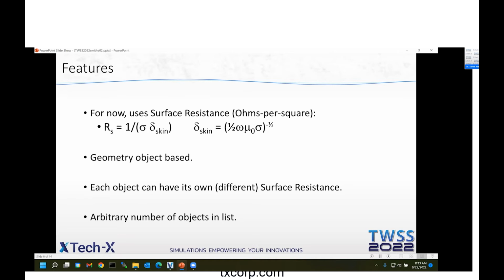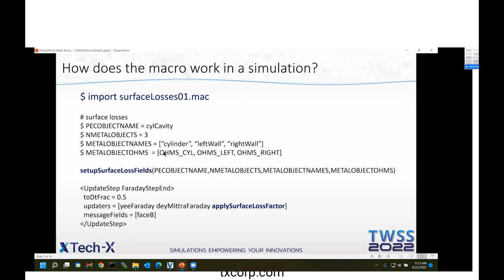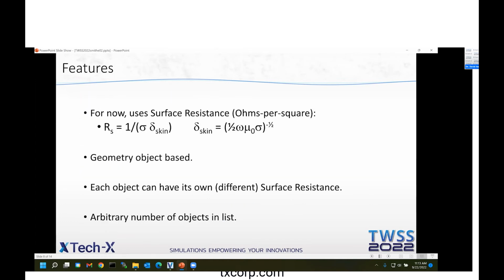For now, in these ohm cylinder, these ohms here, we are using what's called the surface resistance, or sometimes called the ohms per square. This quantity is 1 over the conductance of the metal times the skin depth of the metal.